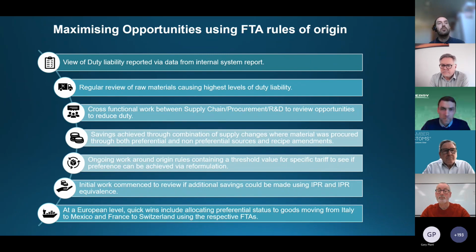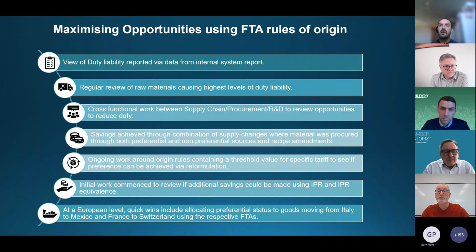So we find being able to pull data from our internal system and manipulate it, using mostly Excel to be honest, is essential. Having a really good view of this data helps us decide what to go after. One big thing I would point out is that sometimes the amount of duty we pay on raw material import is dwarfed by the duty we would pay if we used these non-preferential materials in our products and then had to export them back out to Europe.